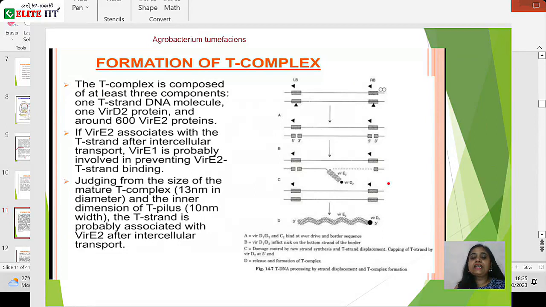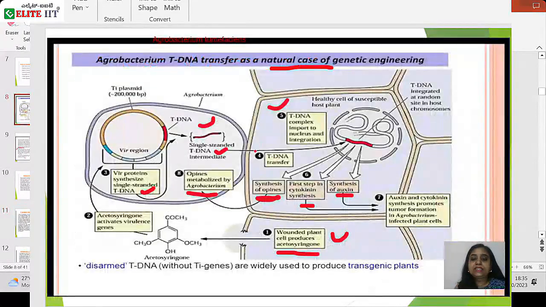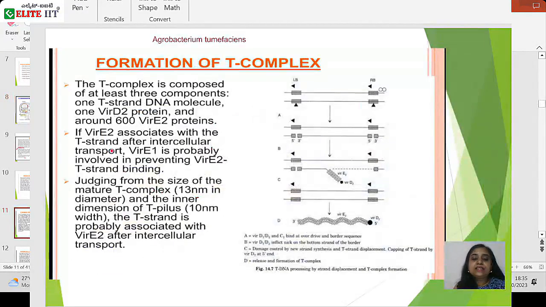That single strand will be transported to the plant cell, as I told you. Here the single strand is bound with the VirE2 protein. Now, VirE1 is probably involved in preventing VirE2 and T strand binding.